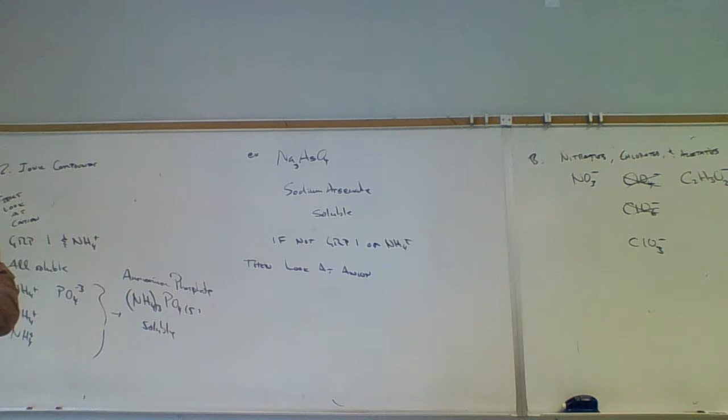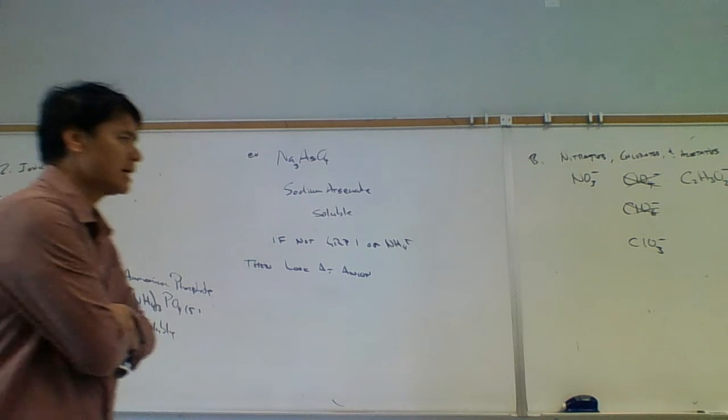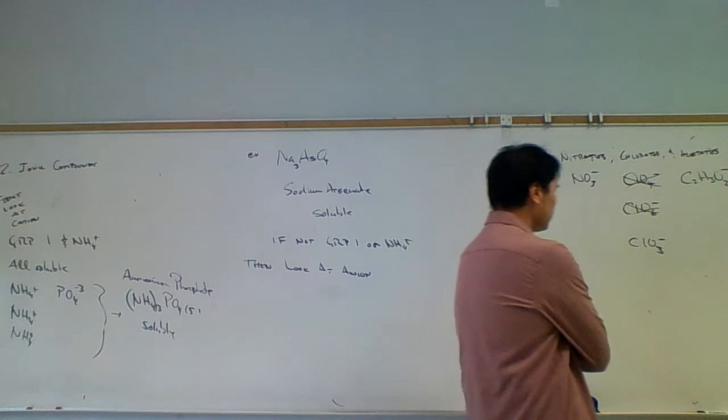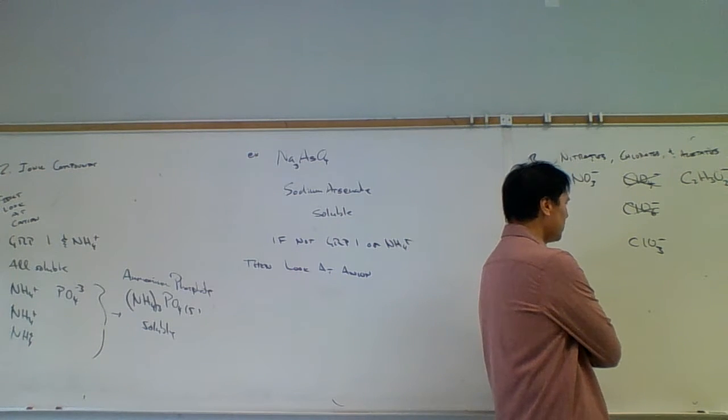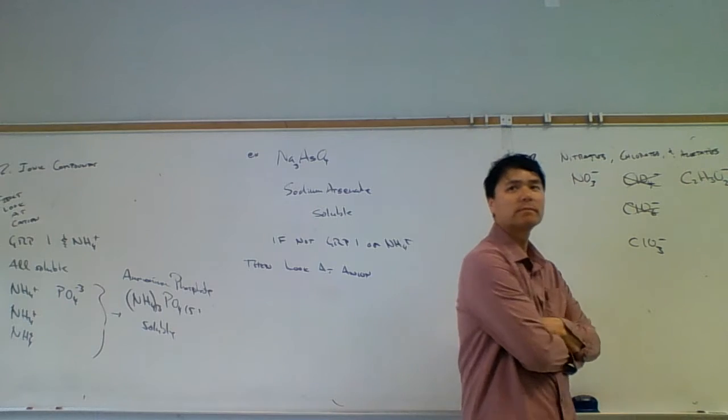Originally when I started memorizing chlorate and all those, I used flashcards. But then when it came to the test, I was trying to write it down and I couldn't remember how many oxygens and what the charge was.